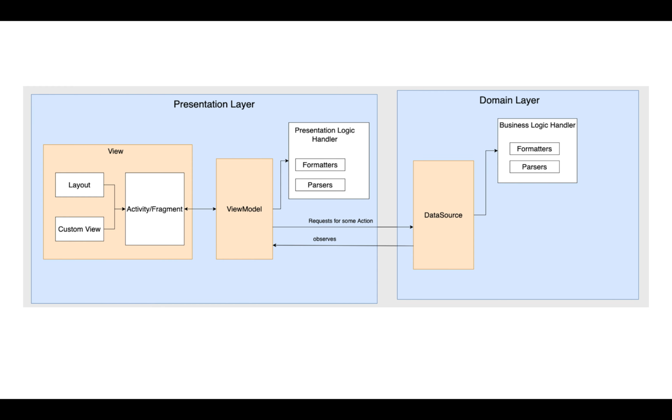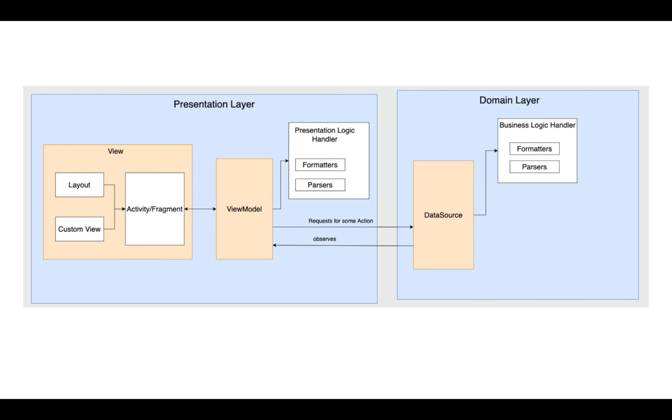In my use case I found that the data source was making the network call and also handling the business logic. So the code became testable. I can write unit tests now.